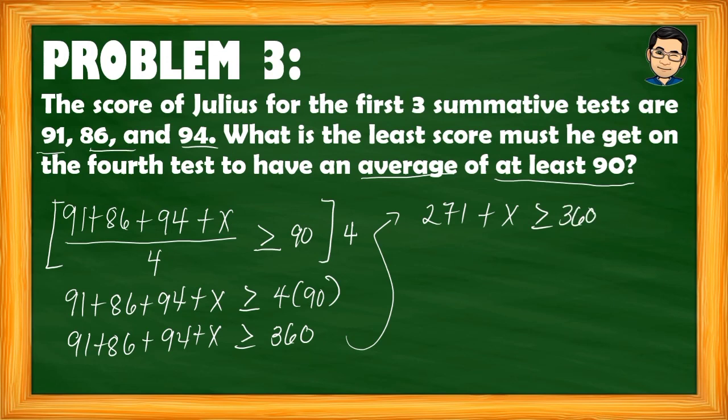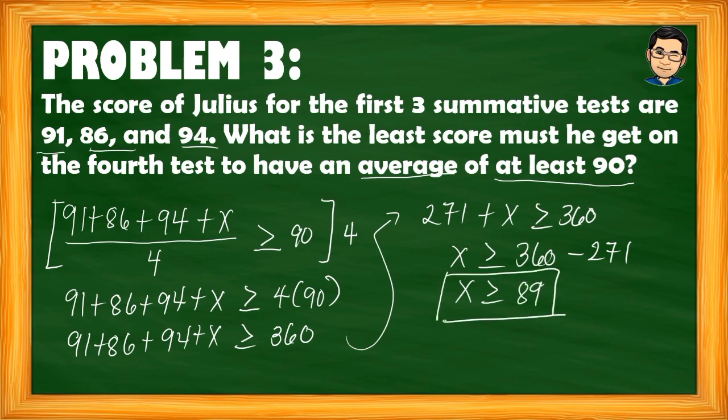Okay. So, ang gagawin natin, yung 271, dalhin natin sa left side. So, magiging x is greater than or equal to 360 minus 271. So, the value of x is greater than or equal to, so the difference between 360 and 271 is 89. So, yung solution natin dito is x is greater than or equal to 89.